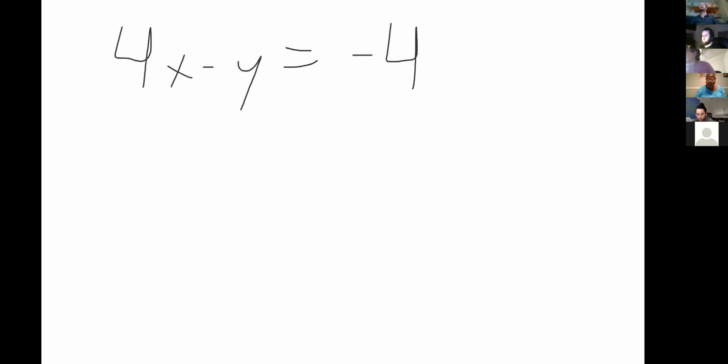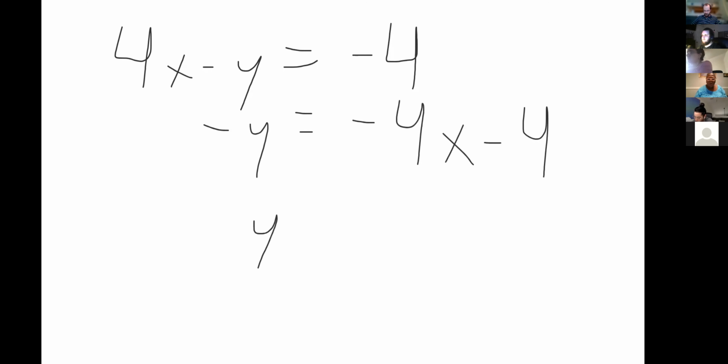Okay, I will help you, teacher. In this case, we need to write minus y equals minus 4x minus 4. And then we need to divide by minus 1, and the equation is going to be y equals 4x plus 4.